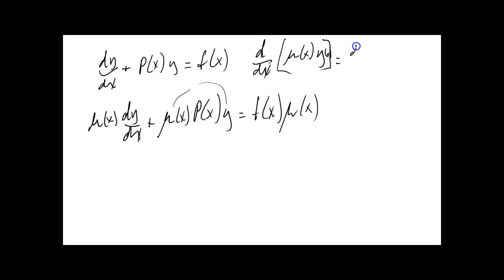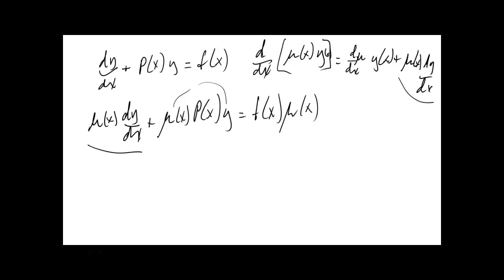Okay, did I hear something like d by dx of mu times y of x plus mu of x dy dx? Is that right? Everybody agree with that? Okay. Now, this thing that we have right here is exactly that first term there, isn't it? Right?